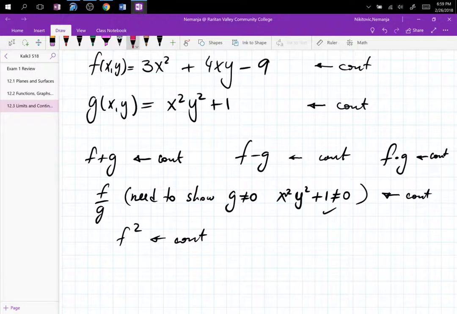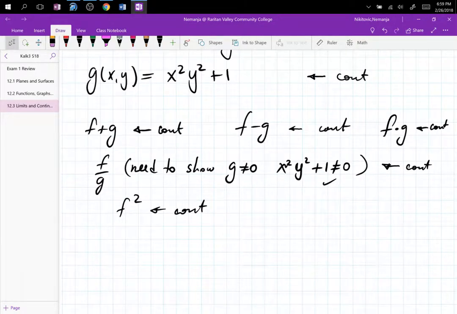But another big emphasis is continuity of composite functions, because that's what we are mainly interested in. Most of the functions we deal with in nature and otherwise are composite functions.